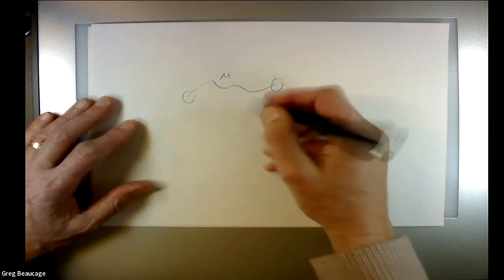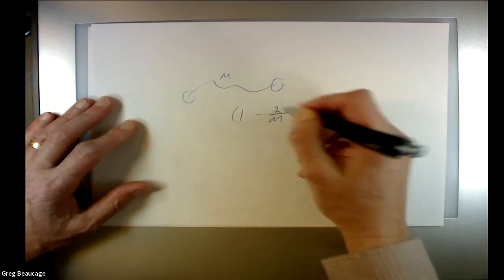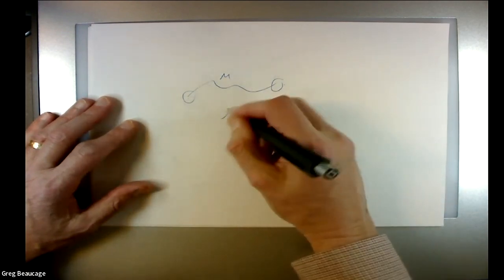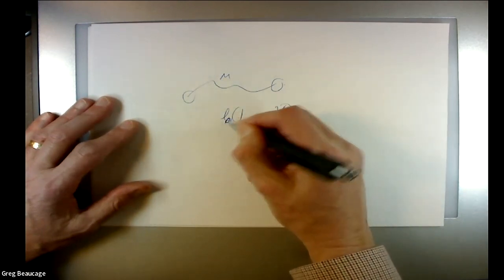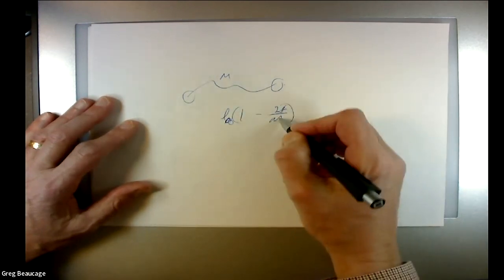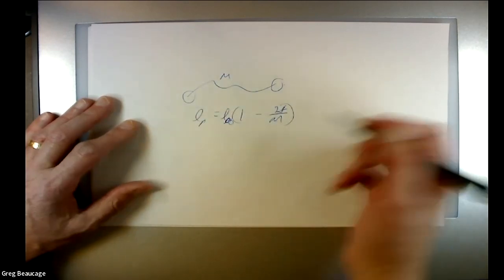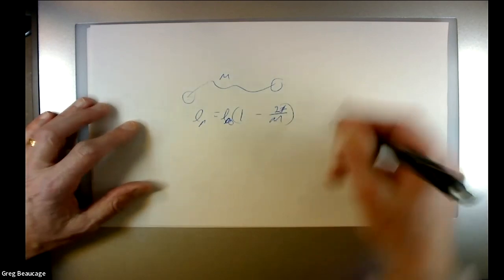So I could have 1 minus that probability times, or there could be another number here, and then your L naught, L infinity. When M gets infinite, you get just L infinity, and you have L persistence, right?